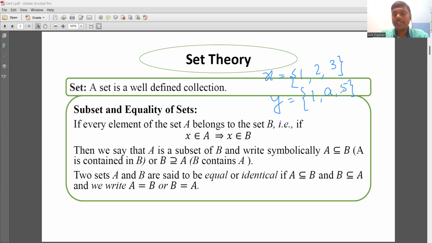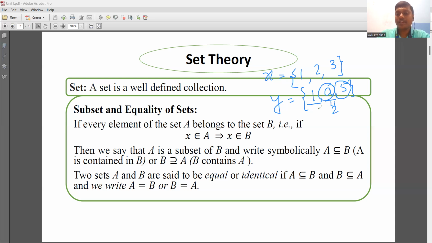Now, if I think about the second group, you can see I have 1, which is a number. I have A. About A, we do not know anything. It's a symbol. I can think of it as a letter, as a variable, or as a number. If I put A equal to, suppose, 2, it becomes a number. So it could be anything. And 5 is again a number.